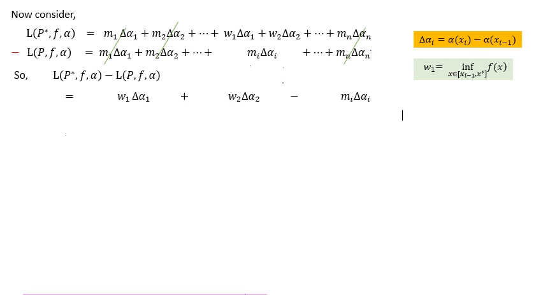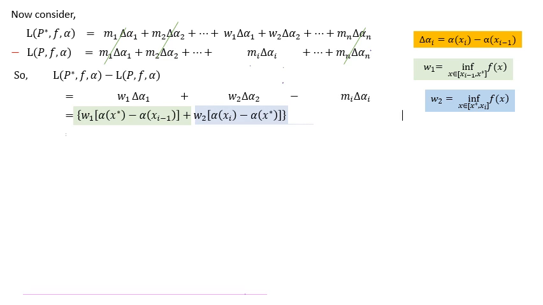Since w sub 1 was between x sub i minus 1 and x star, we can rewrite this one as w sub 1 times the difference alpha of x star minus alpha of x sub i minus 1. And then looking at the interval for w sub 2, which is between x star and x sub i, we'll do the same for w sub 2, and then use this original for m sub i. What we'll do next is rewrite this part for w sub 1 and w sub 2.